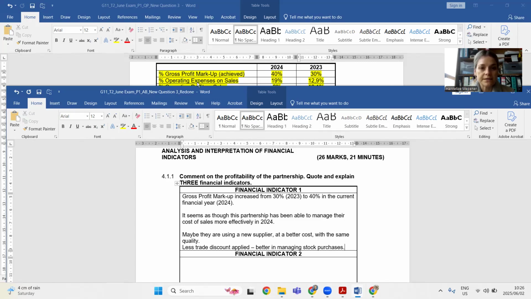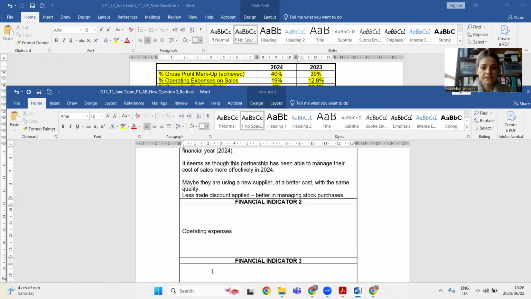Then your operating expenses on sales is the other one. Operating expenses on sales increased from 12.9% in 2023 to 19% in 2024. So what does this mean? Your operating expenses increased from one year to the next.